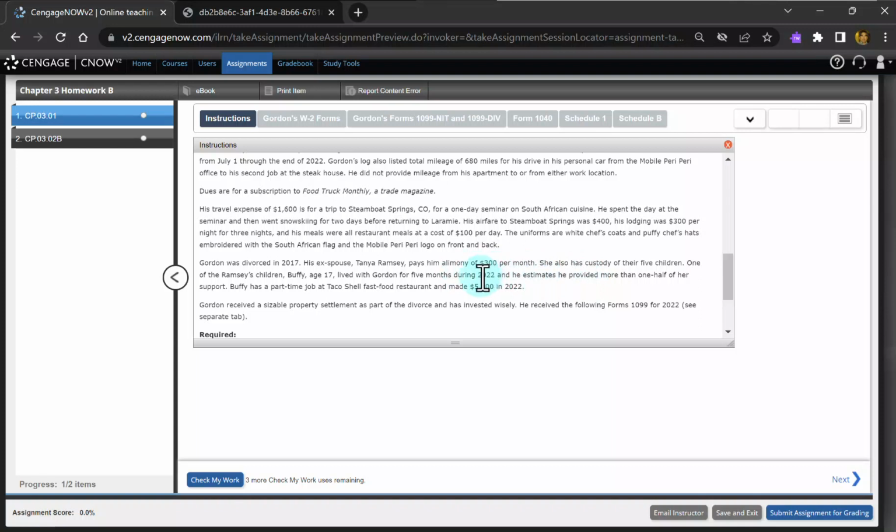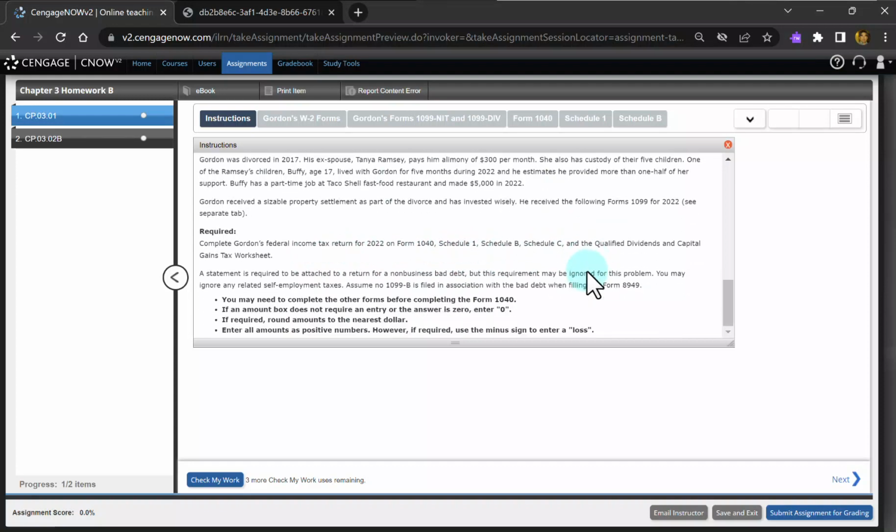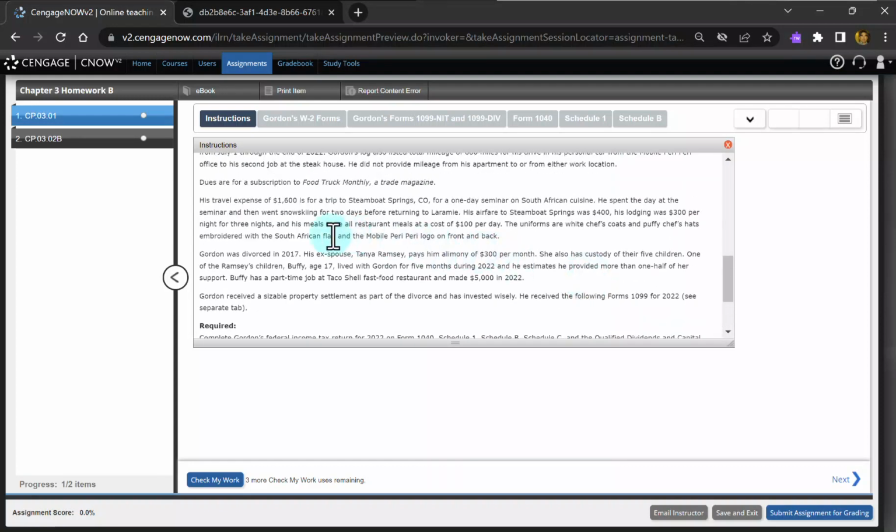Okay, so we're going to just ignore that potential dependent. In fact, there is no dependent here. Okay, and then we're given some tax forms we're going to have to fill in. So let's take a look at his W-2.